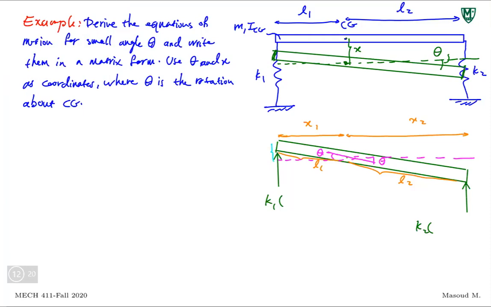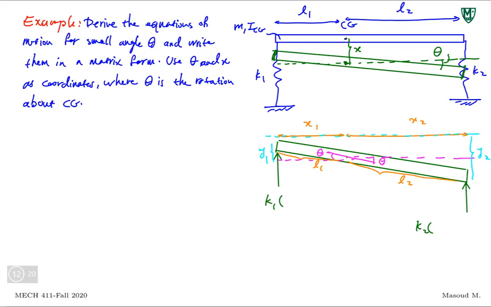This one is how much spring 1, K1, is compressed, and this is how much spring 2 is compressed. Let's just put Y1 and Y2. This is where the equilibrium point was at the beginning of the motion.